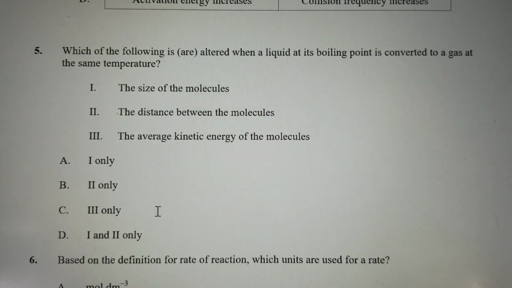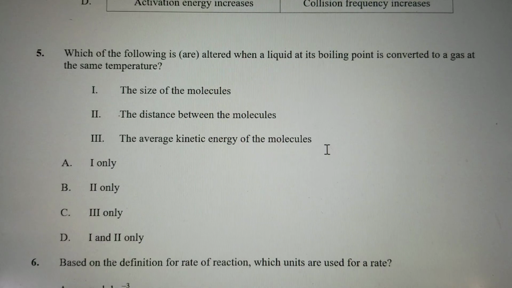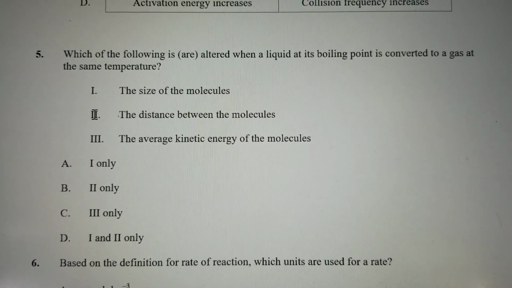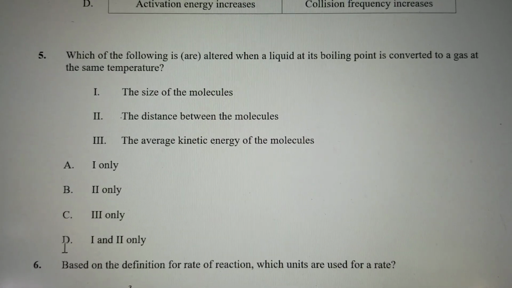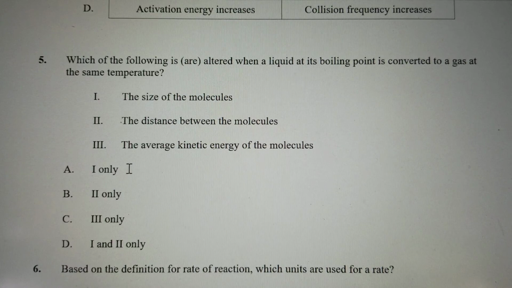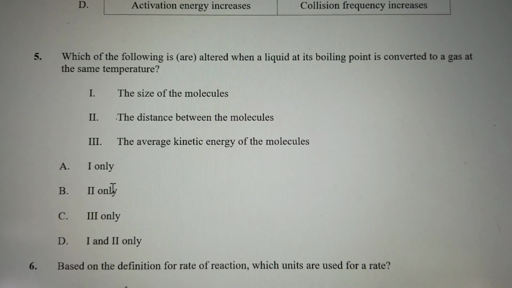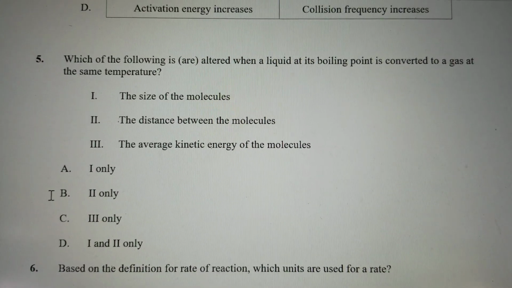So if I look at my options right there, I can look at number 3, the average kinetic energy of the molecules. But if I know that Roman numeral 2 is for sure an answer, then my only options are either B or D. And we already said we know the size of the molecules is not going to change. So it's definitely not D. So the only correct answer there is letter B.